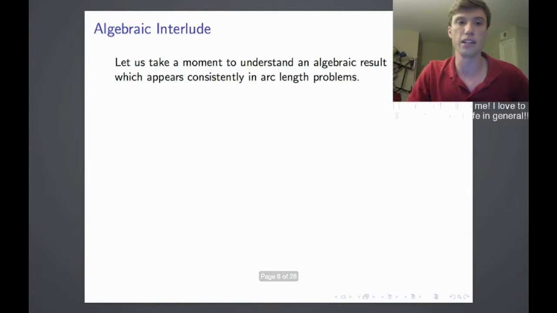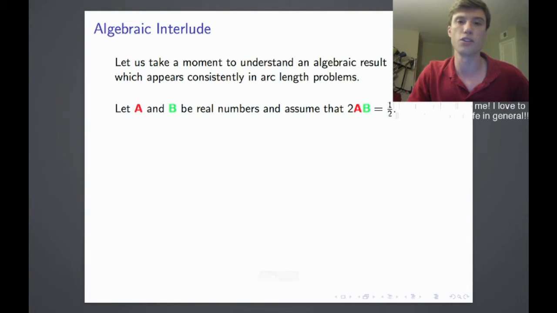Before proceeding to solving the integral, let's talk about an algebraic pattern that will be especially useful when discussing arc length problems. We will consider two quantities, a and b, and we will assume that 2ab is equal to a half. So if we look at the expression 1 plus (a minus b) squared, we can FOIL out the second term. This becomes 1 plus a squared minus 2ab plus b squared.